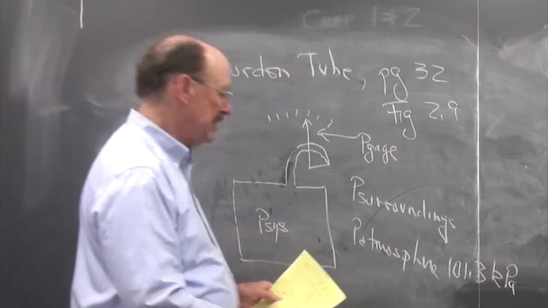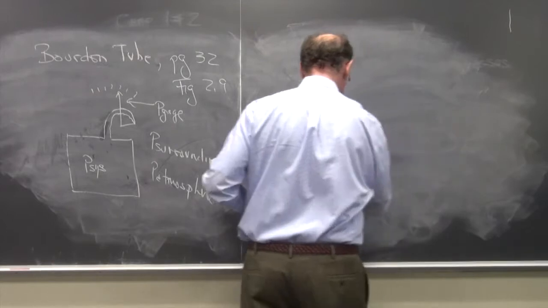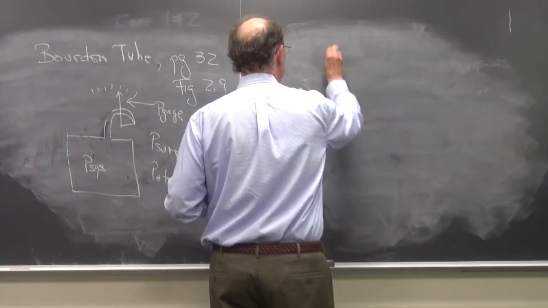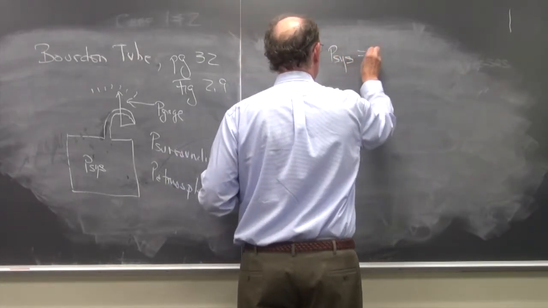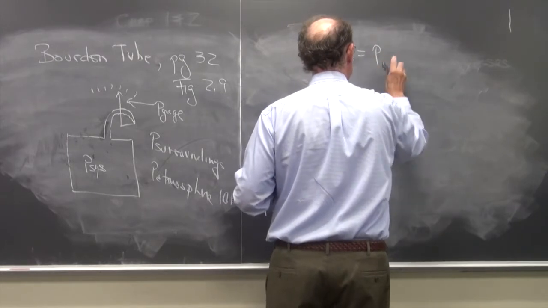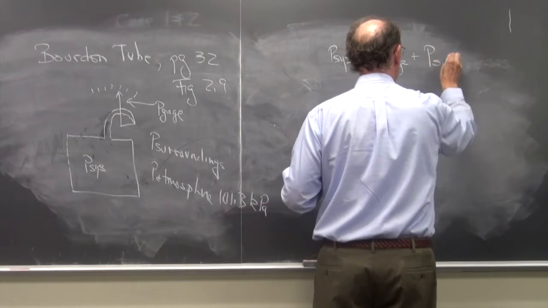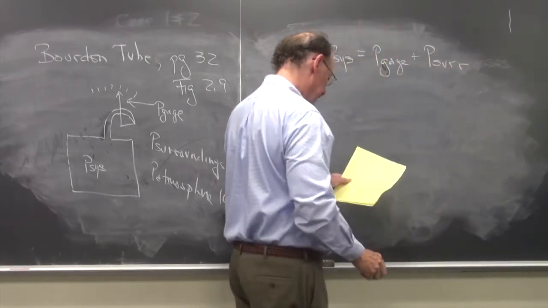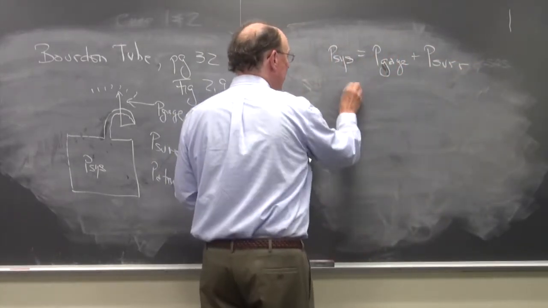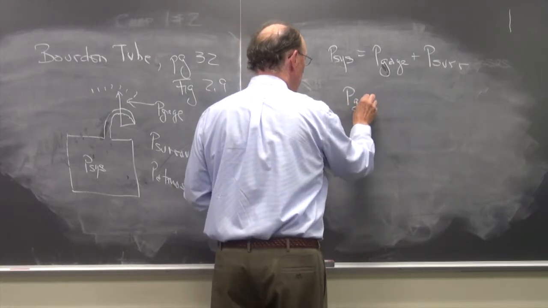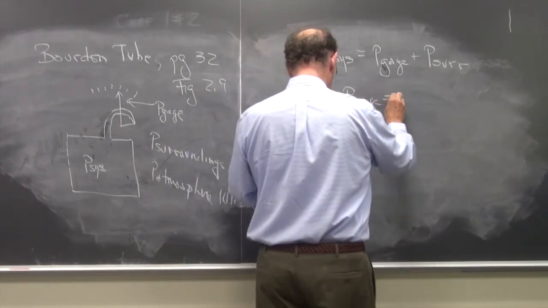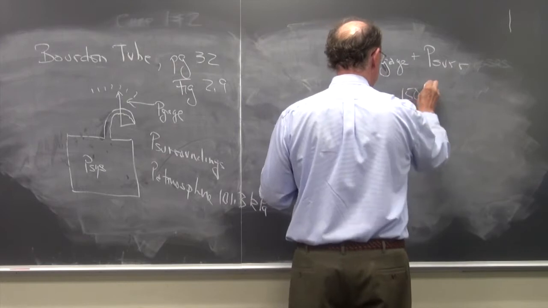So if we look at this, we see that P system is equal to P gauge plus P surroundings. So if I have that P gauge is equal to 150 kPa gauge.